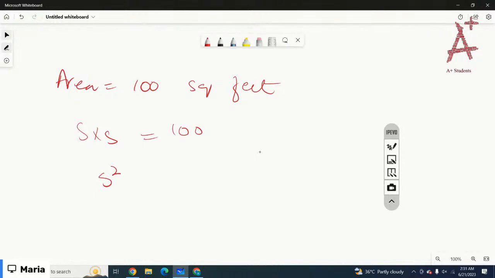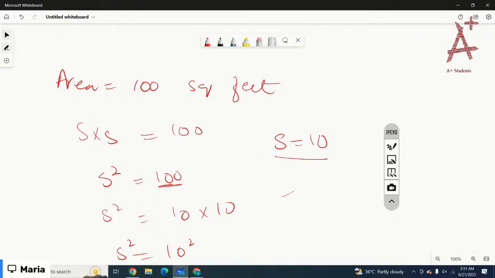Side times side means side squared. You can write 100 as 10 times 10, or 10 squared. When you compare both sides, their exponents are equal. That means their bases are also equal. So that means the side length is 10. Got it?